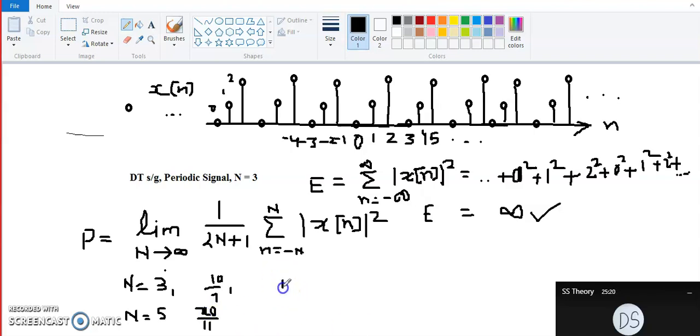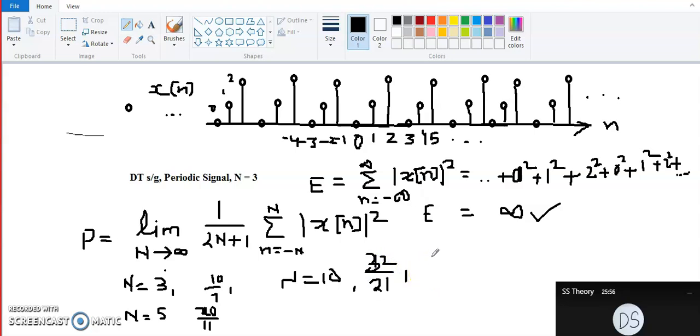Similarly, when we take N to be 10, it will be 1 by 21, and the sum will be around 32, okay, and so on.